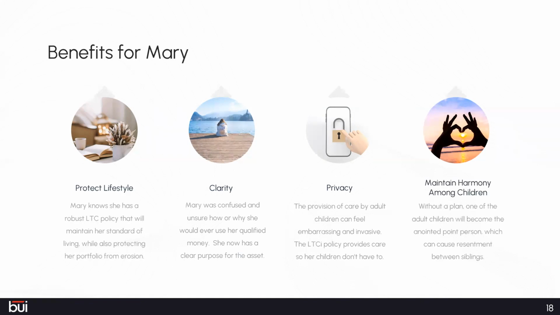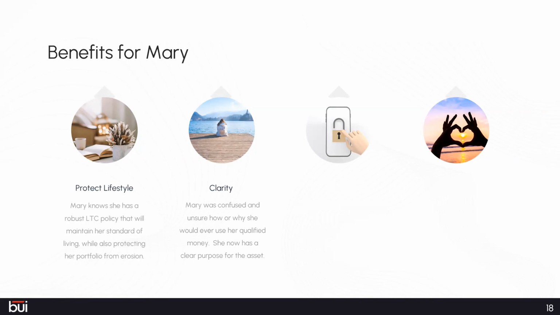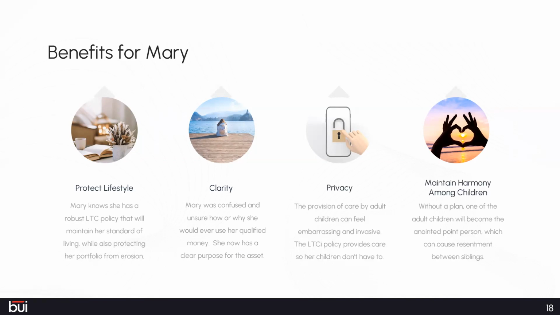And number four, she's reduced the likelihood of having animosity among her children. Without a plan, one child is generally disproportionately impacted by having to coordinate or provide care.